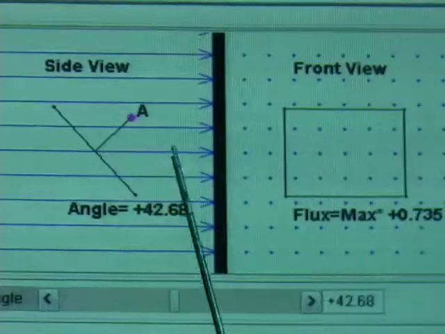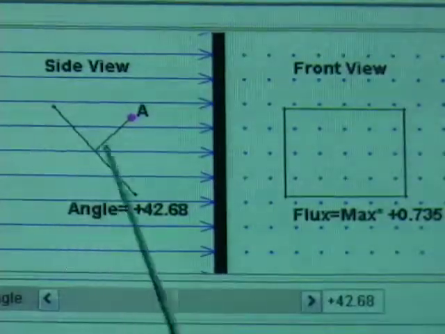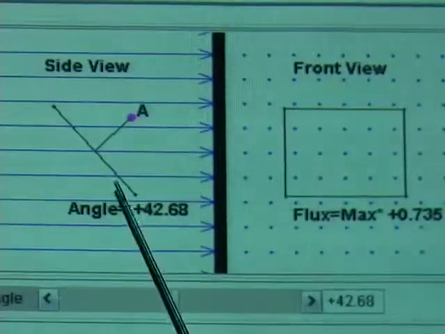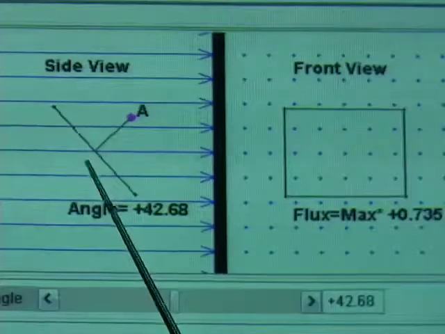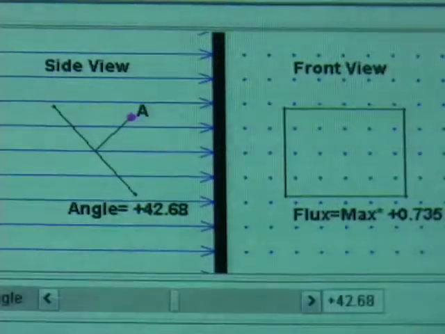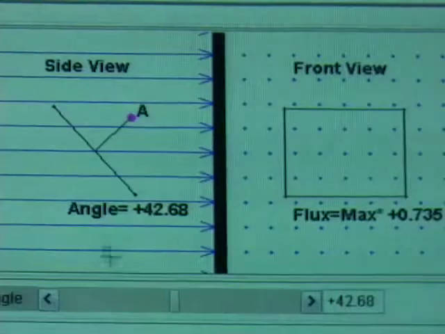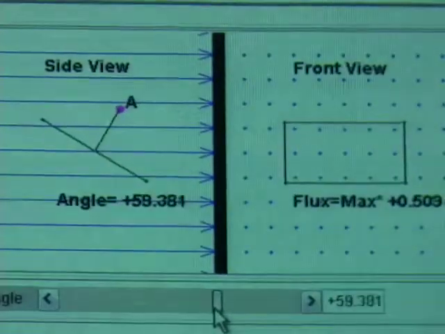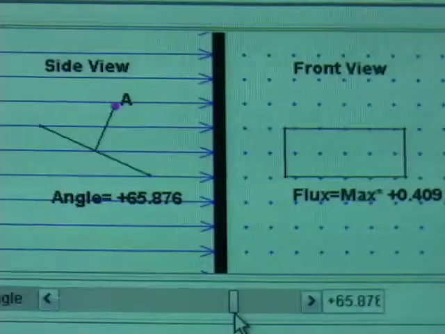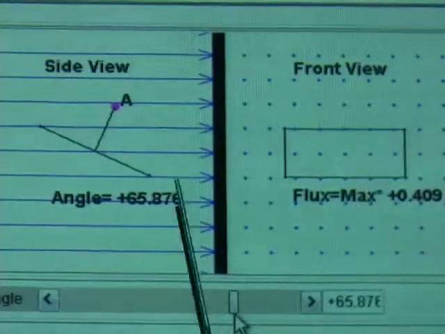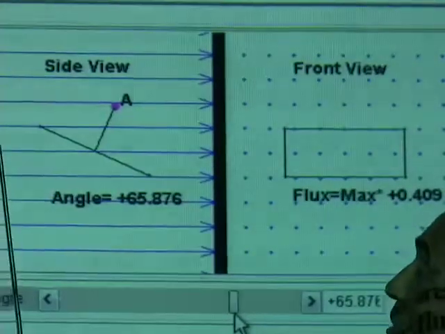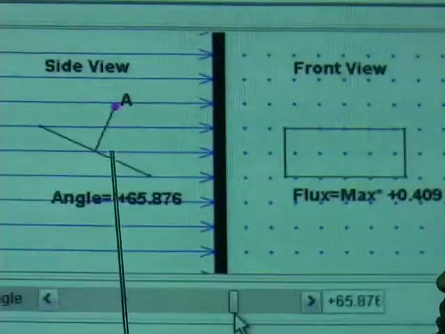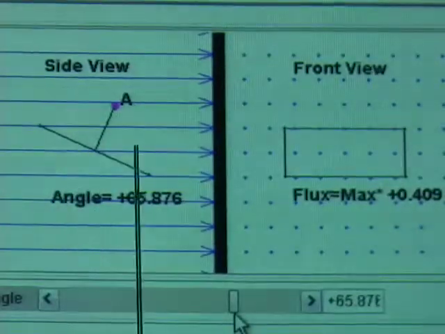The number of lines of force crossing at right angles become less as the surface is now inclined to the lines of force. You can see as I incline it more and more, the flux will become very small. And finally, what will be the flux to that surface when the surface is parallel to the lines of force?